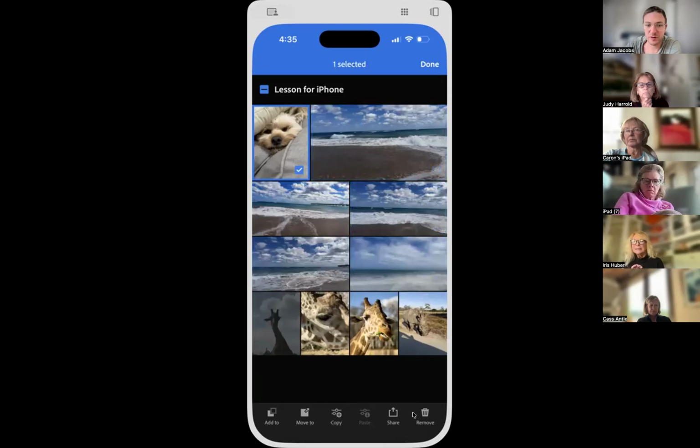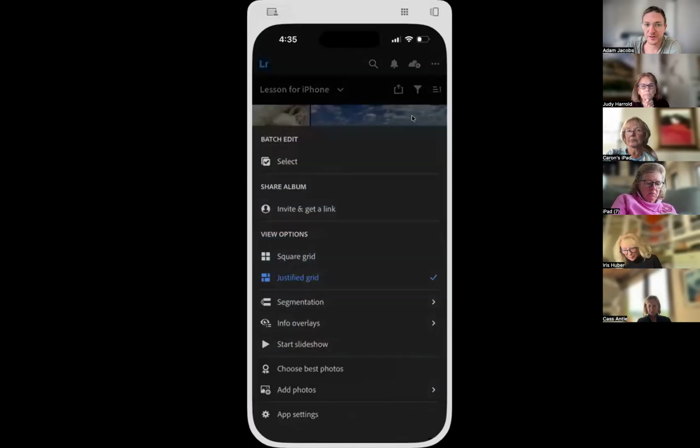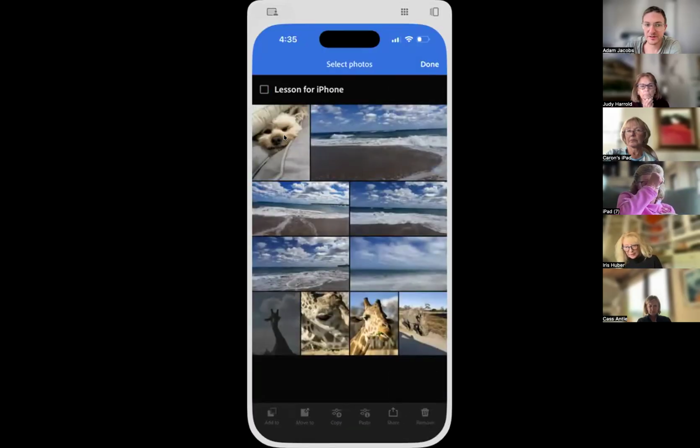Then you hit remove down at the bottom there, and that's going to delete it. So: three dots, select, touch with your finger, remove. You get that, Iris?